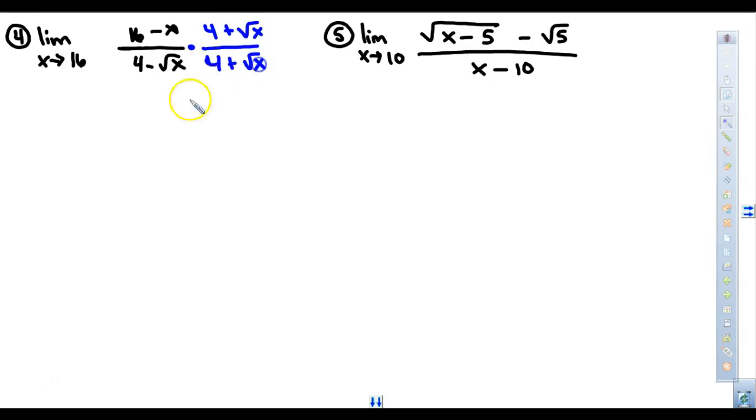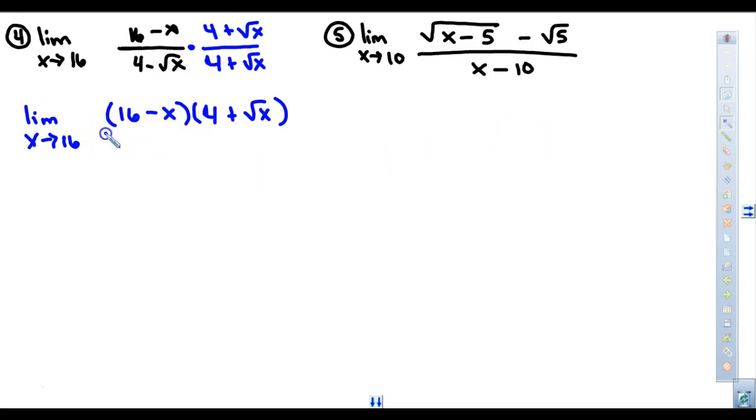Now, hear me on this and hear me well. And I mean it, hear me well, okay? Do not multiply out the numerator because you are looking for something to cancel. If you want to cancel factors, it would be crazy to multiply this out and then have to factor it again just to figure out what's going to cancel, okay?